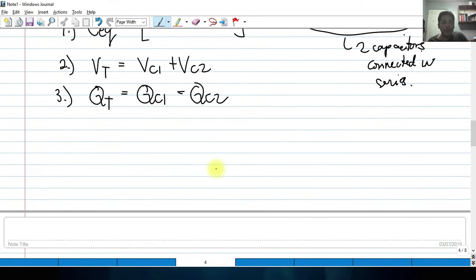For example, we have here a battery, we have capacitor 1, this is capacitor 2, and let's say these two both are 6 microfarads.